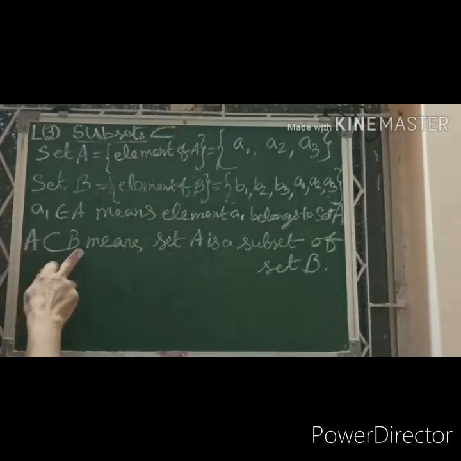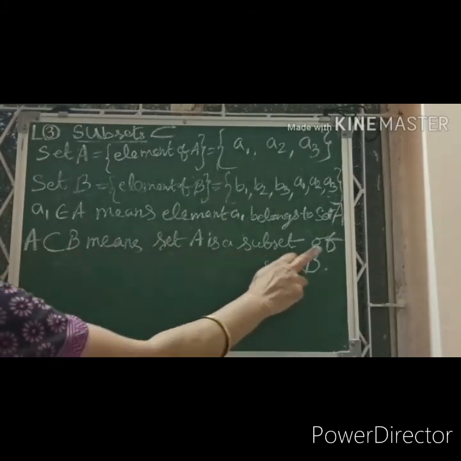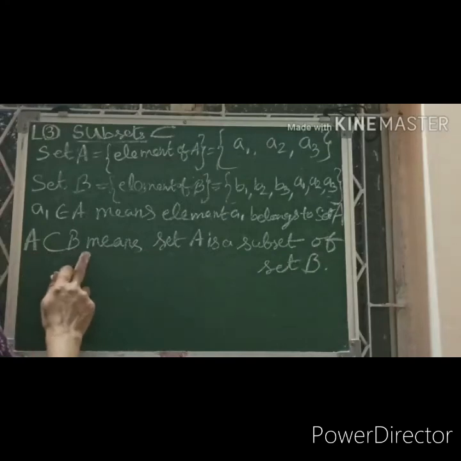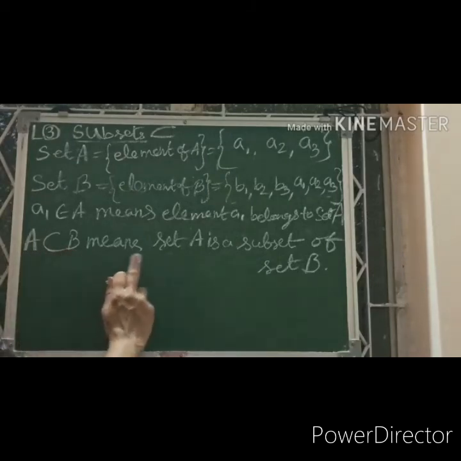A subset B. Set A is a subset of set B. So whether you say subset or not, this symbol means set A is a subset of set B. It is understood, and this is how you will read it.